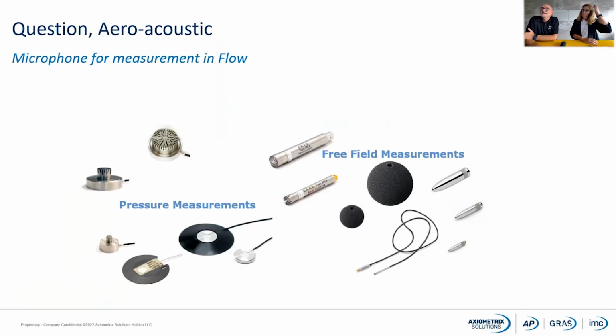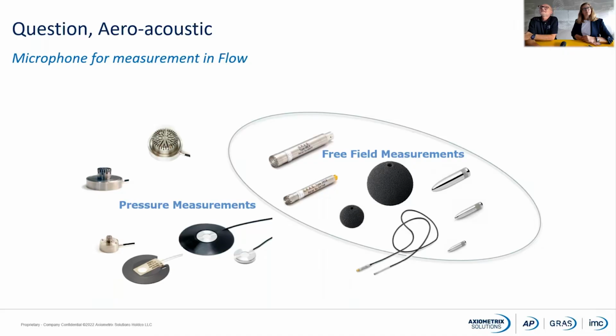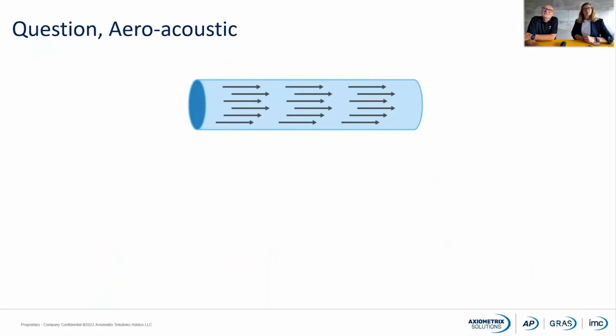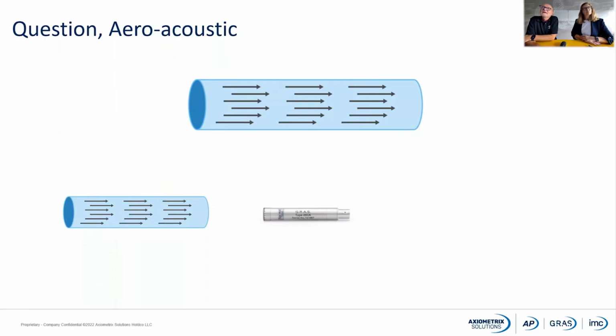So for measurement in flow, if we would like to do it directly in flow where we are measuring in the laminar flow, then we are talking about free field measurements. First of all, we need to use a free field microphone. And let's see what's happening when we are using this free field microphone. We have here the duct system, laminar flow in the duct system.